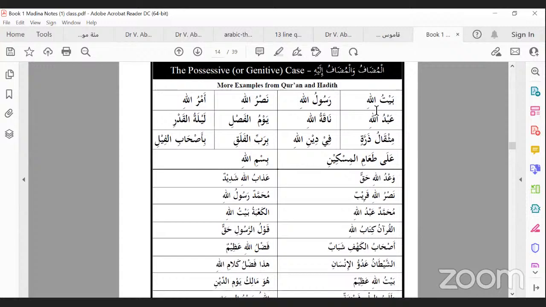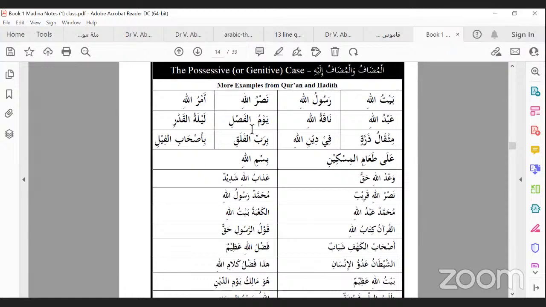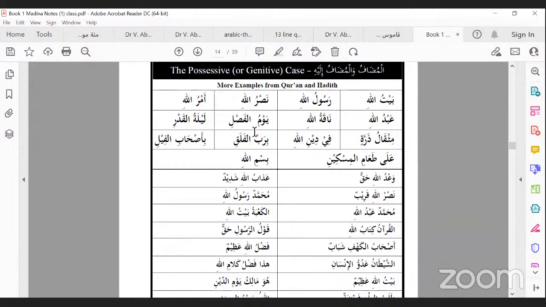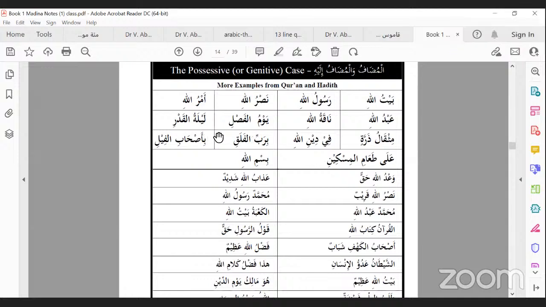Yawmul Fasli. I don't know what this means. The day of... what's this? Yawmul Fasli, the day of separation. Okay. So here the day is mudaf and separation is the mudaf ilayhi. Correct. Laylatul Qadr, the night of Qadr.